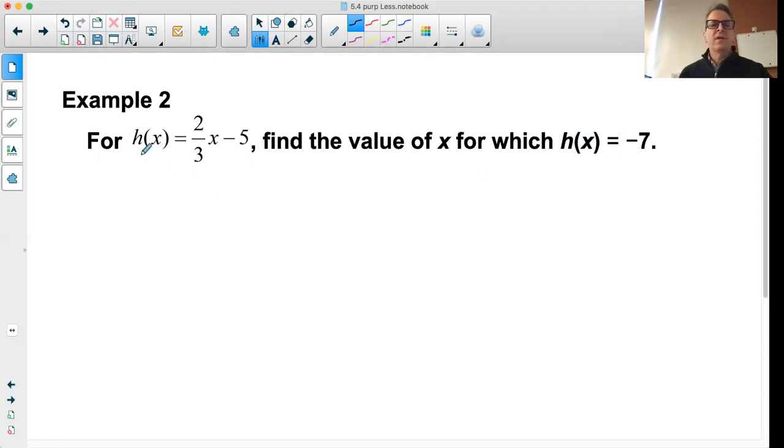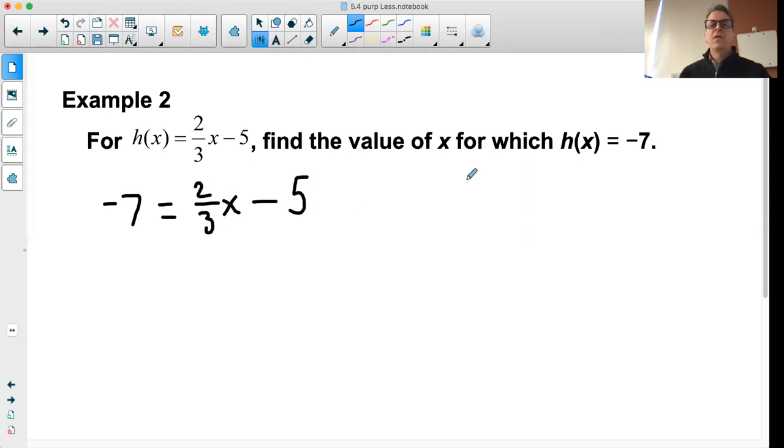So you see where this is h of x here? Instead of being given x, we're given the function value of -7. Okay, so right underneath the h of x, I will place the -7. -7 equals 2/3 of x minus 5.